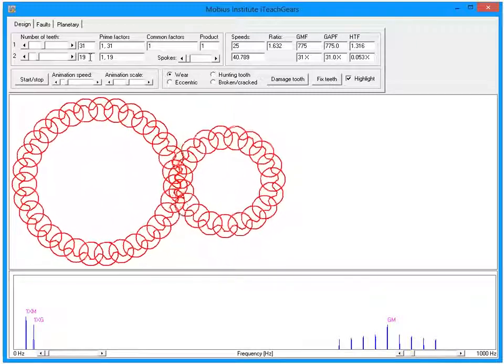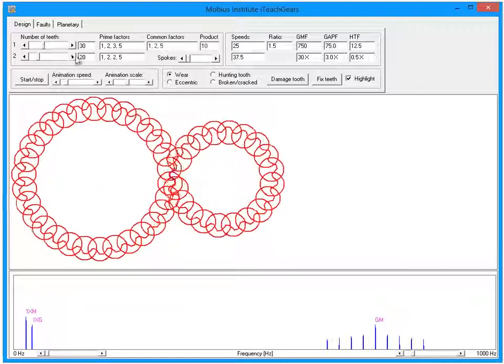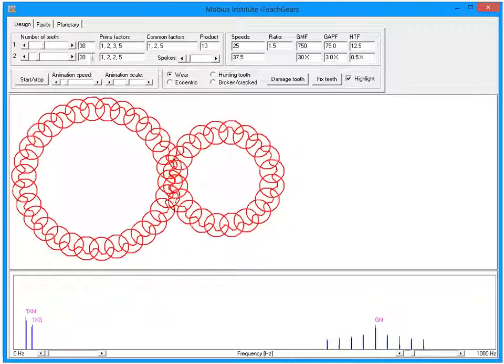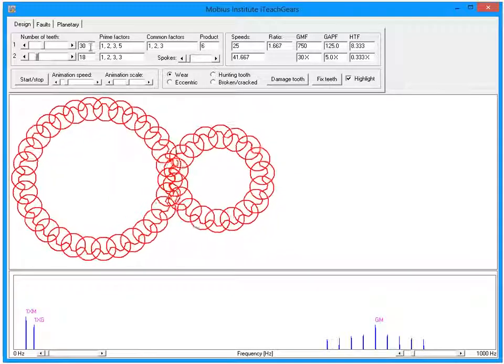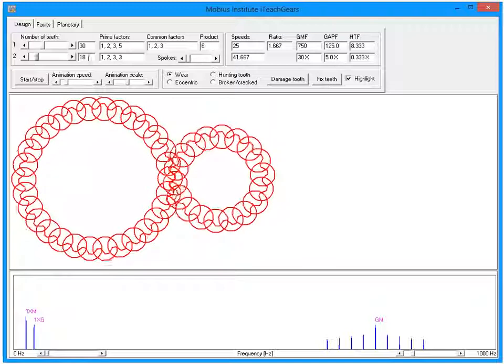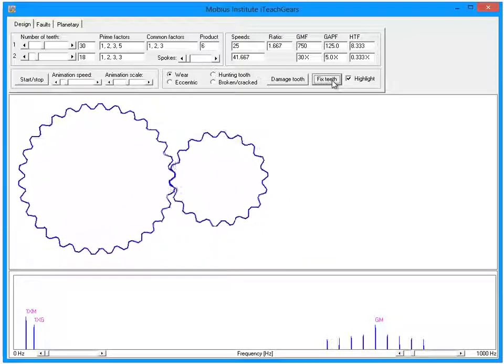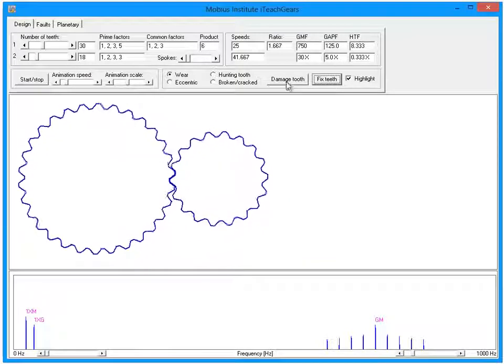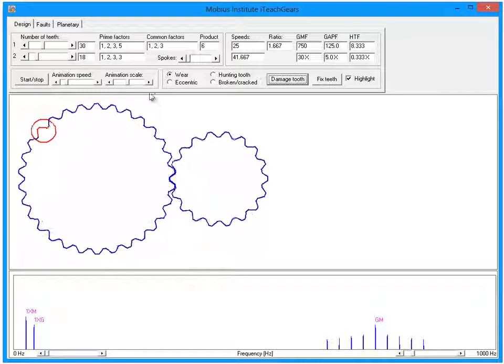Now let's look at a different situation. Now we're going to do something else. We've got actually 30 teeth on here and 18 teeth. Now what I'm going to do is fix the teeth, only that easy, and we'll damage one tooth, and we'll just speed up the animation a little bit.